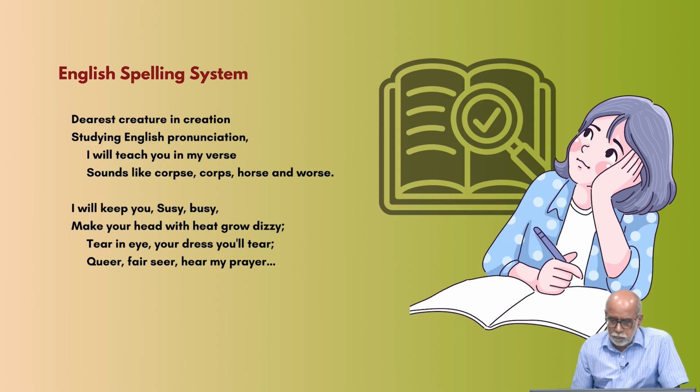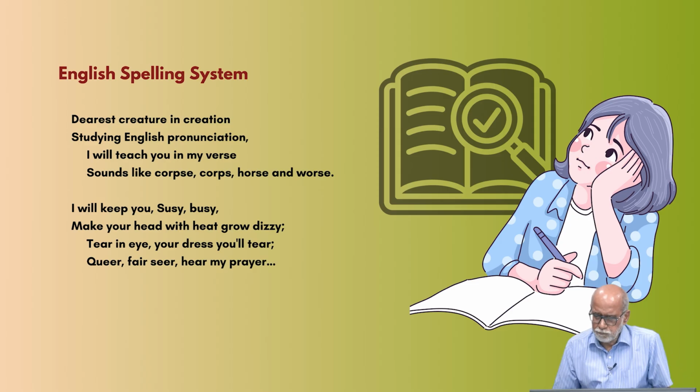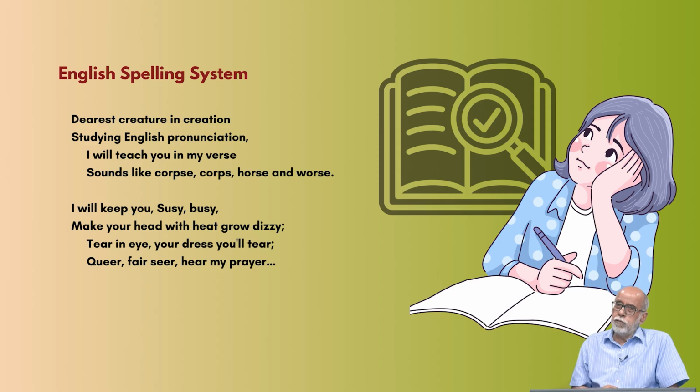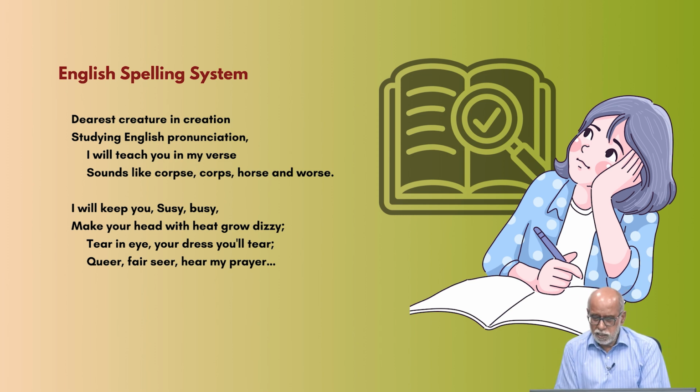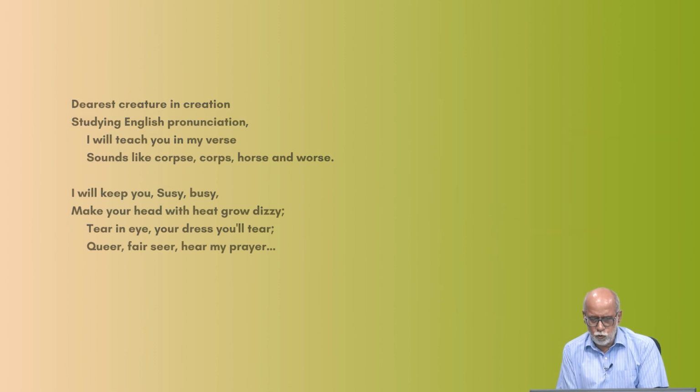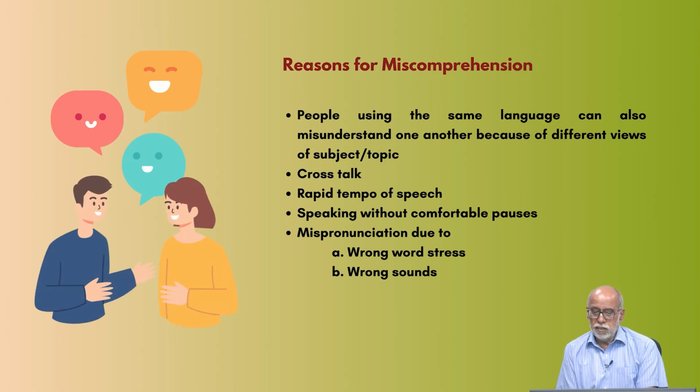The point we are making is that spelling and writing system may not have a one-to-one match, but that is not a big problem. We can still learn speaking correctly. Why? Because if we do not speak with right pronunciation, right tempo, right pauses, then we might be misunderstood.